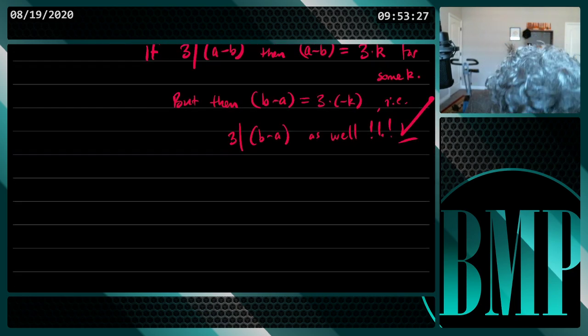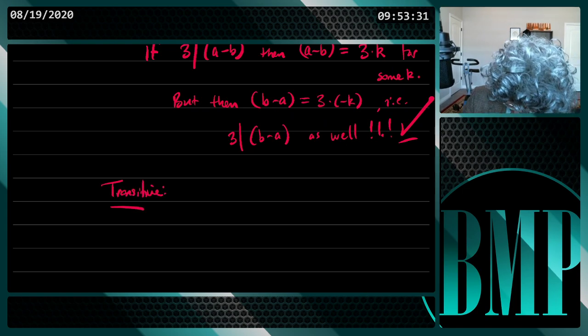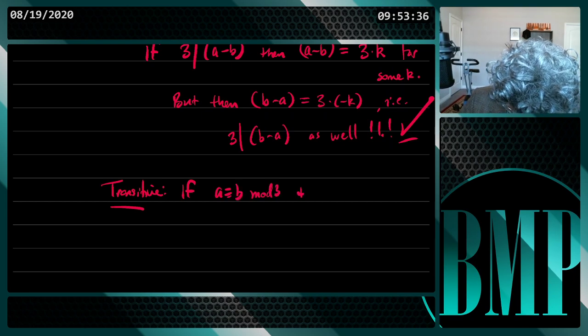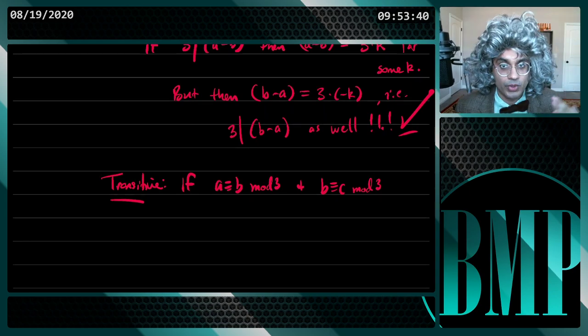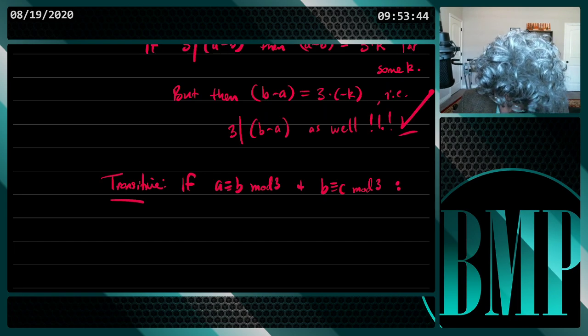Symmetric. Okay, transitive. If A is congruent to B mod 3 and B is congruent to C mod 3, we're going to ask, is A congruent to C mod 3? I'm just going to unravel these two.